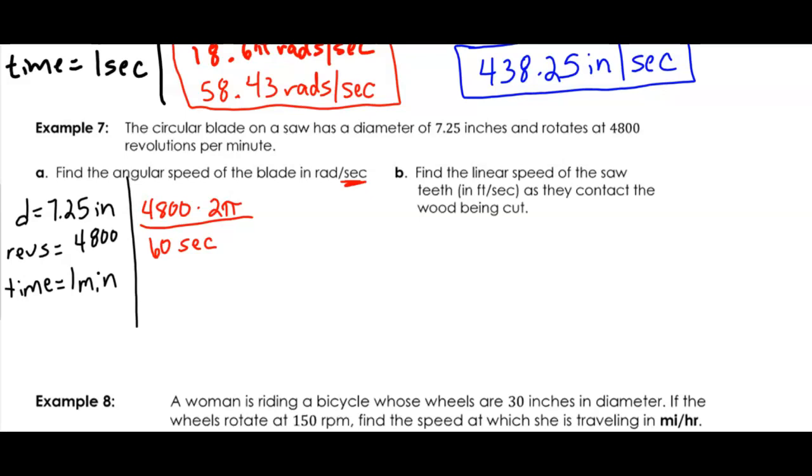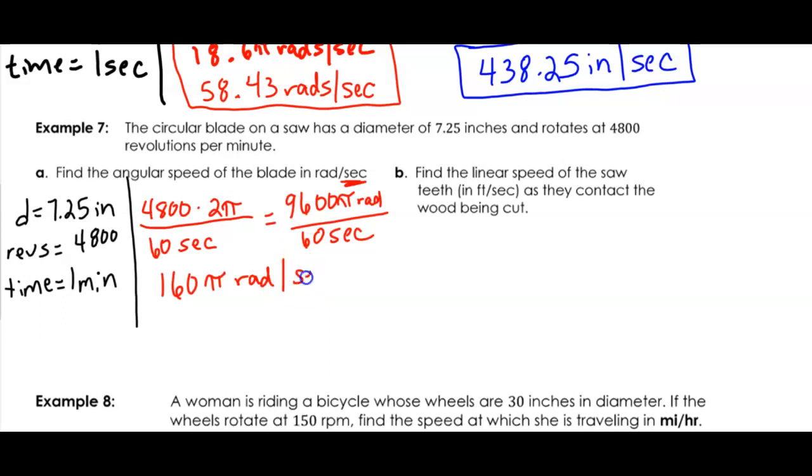Okay, and then you go ahead and multiply that out. So this is going to give us 9,600 pi, that's radians, per 60 seconds. Okay, so then if you reduce this, 9,600 over 60, you get 160 pi.